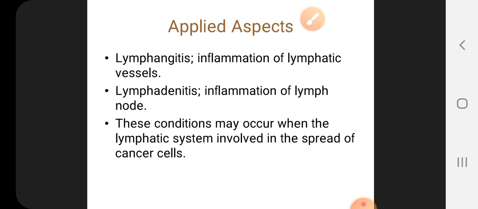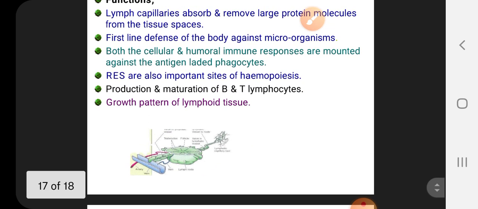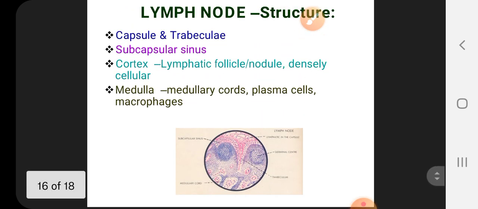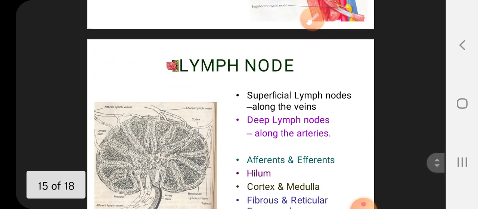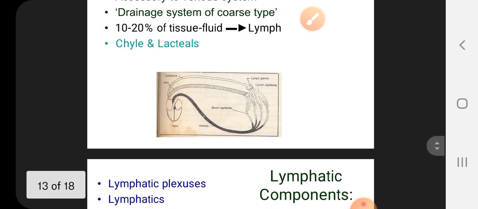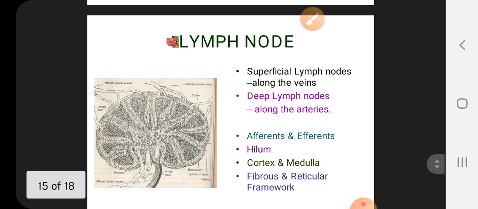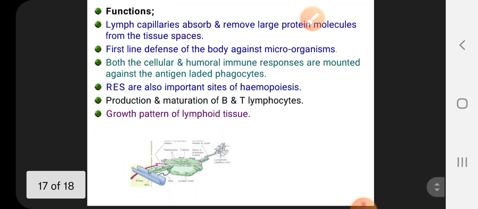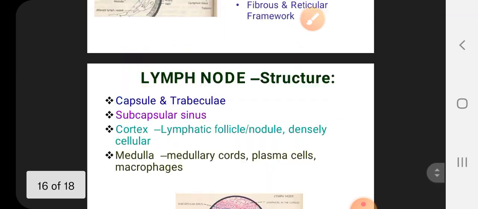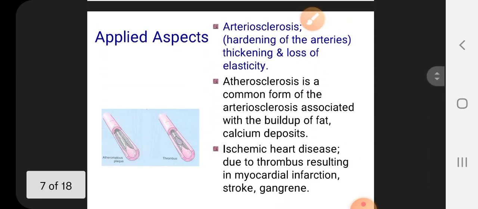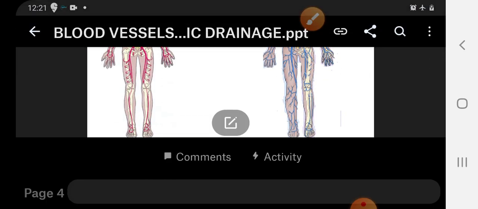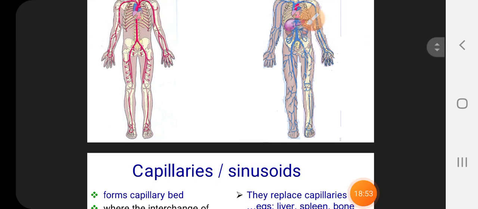These conditions may occur when the lymphatic system is involved in the spread of cancer cells. So we studied in detail the lymphatic components, that is lymph nodes and bone marrow. This finishes the chapter on general anatomy of CVS.